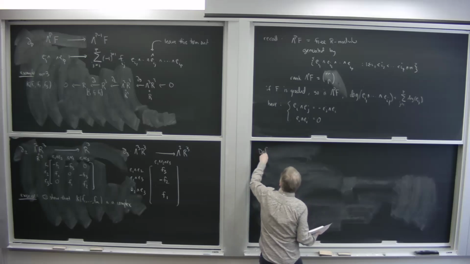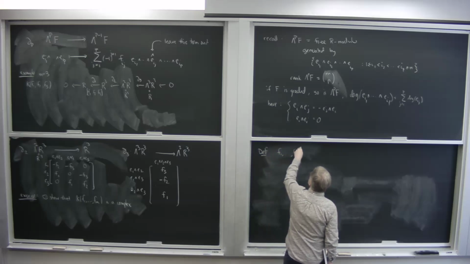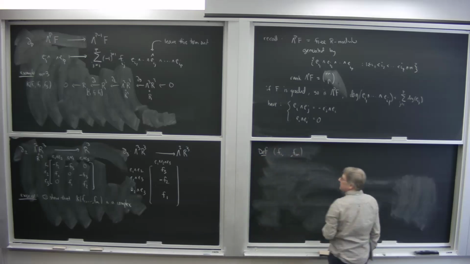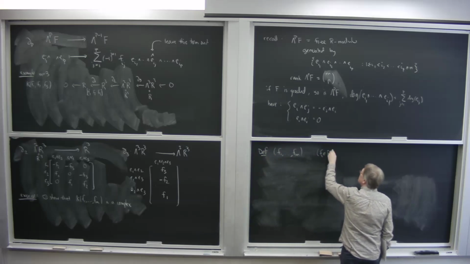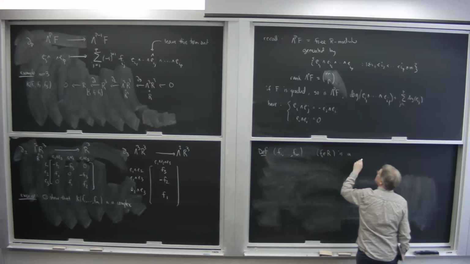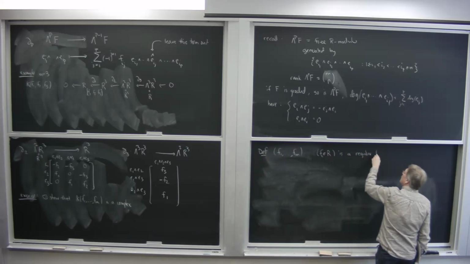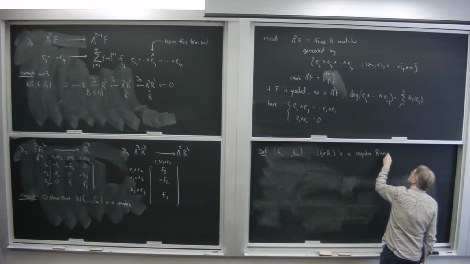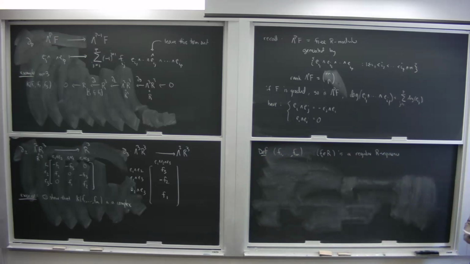So, definition: F1 to Fm, a sequence of elements in R, so Fi in R, is a regular R sequence. I think in the book I did a regular M sequence, but I'm just going to do the ring case here.